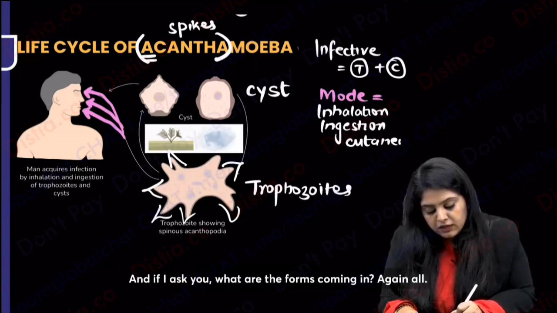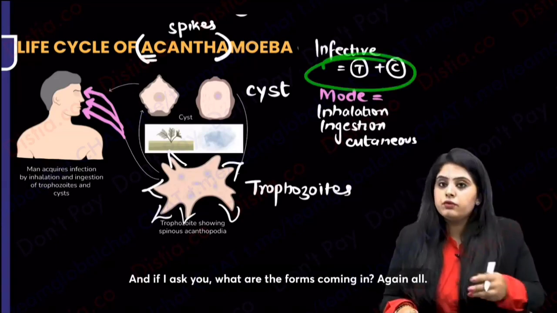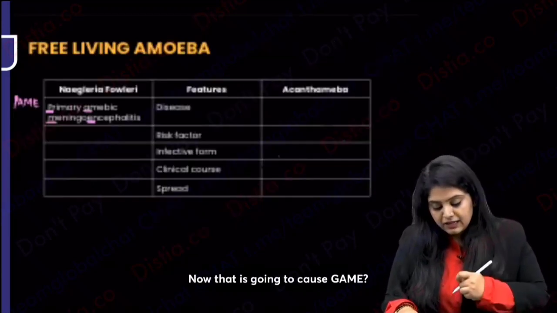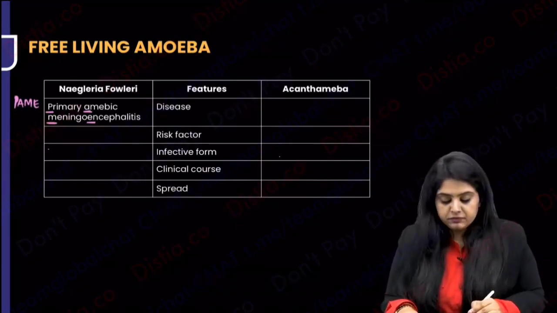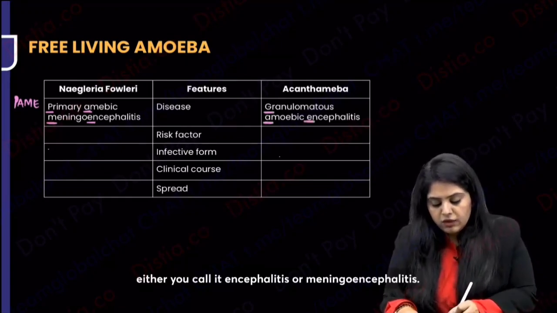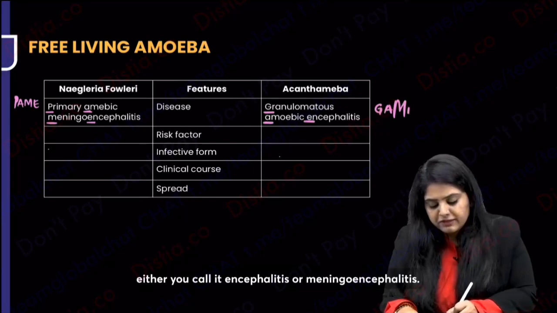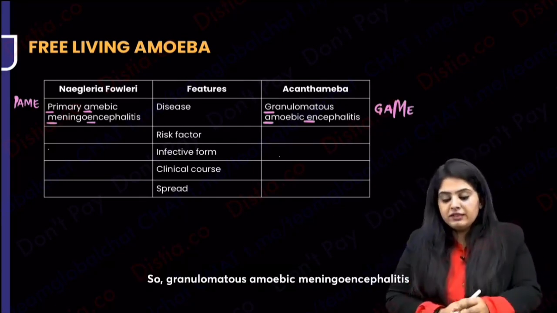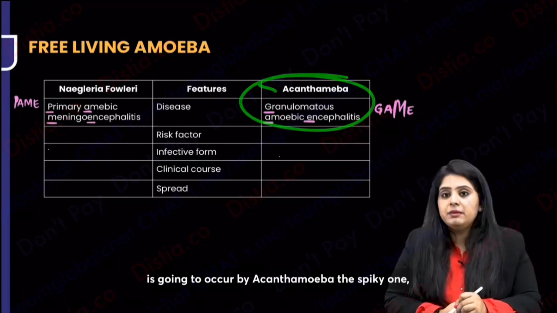And if I ask you what are the forms coming in, again all. Trophozoite is also coming, cyst is also coming. What is it going to cause? Now that is going to cause GAME. What is GAME? That is granulomatous amoebic, either you call it encephalitis or meningoencephalitis, whatever you want to keep it. So granulomatous amoebic meningoencephalitis is going to occur by acanthamoeba, the spiky one.